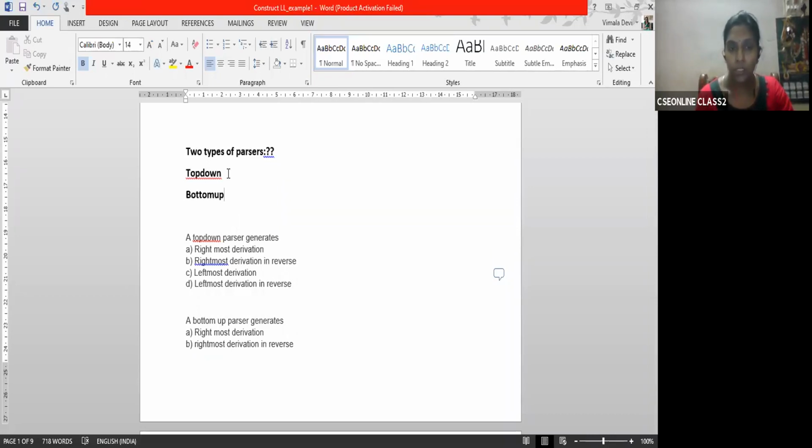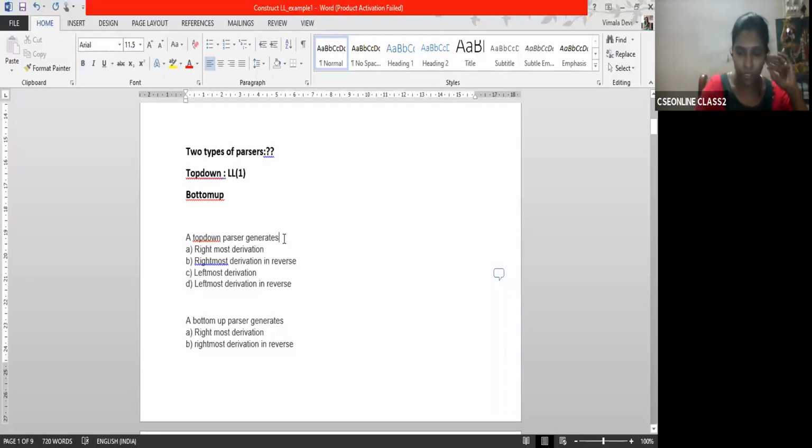Next, we are going to discuss a new type of parser, which is the LL1 parser. This design of parser does not involve backtracking. So to design any type of parser, we have to know the first and follow functions.